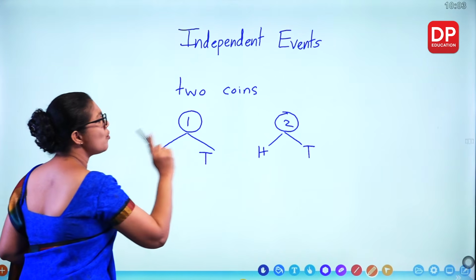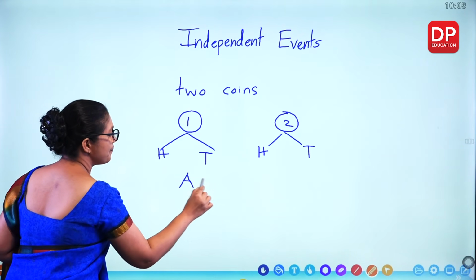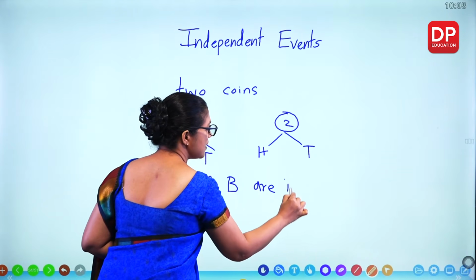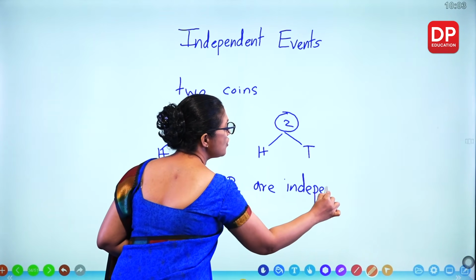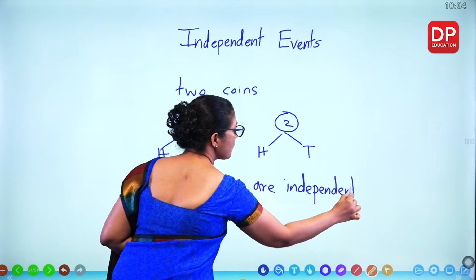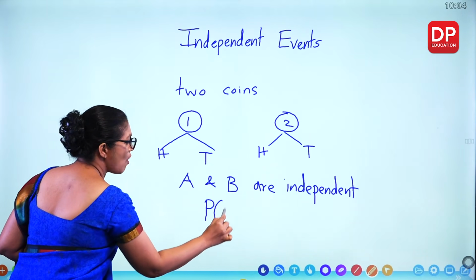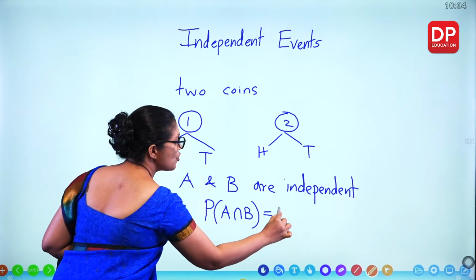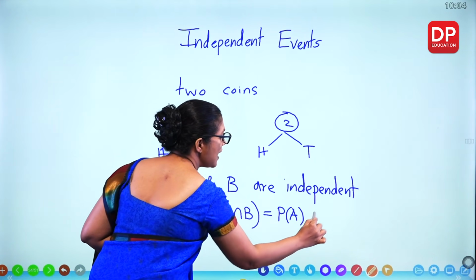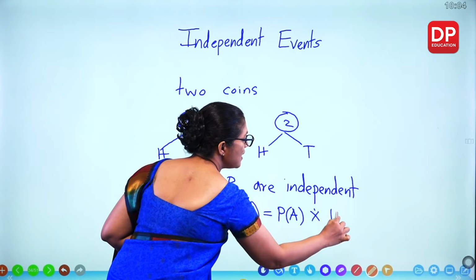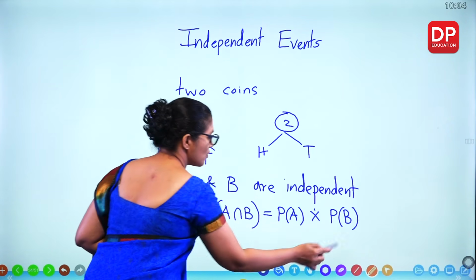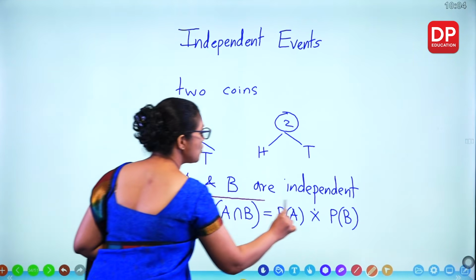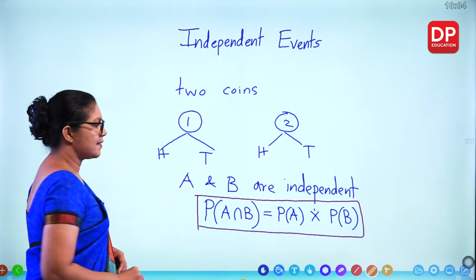So if 2 events A and B are independent, you need to know that the probability of A intersection B is equal to probability of A times probability of B. You need to know this formula when you see any 2 independent events.